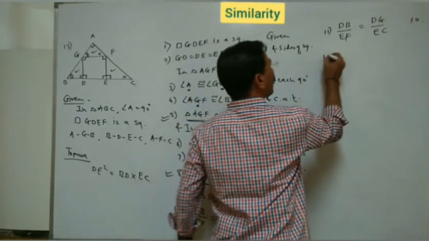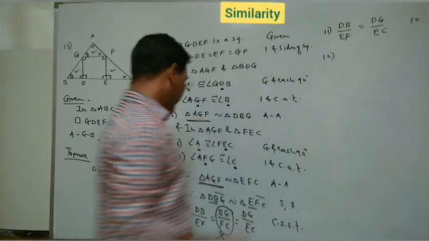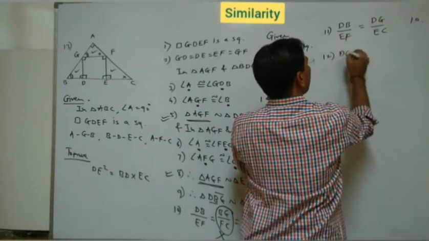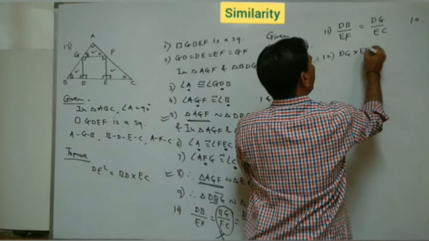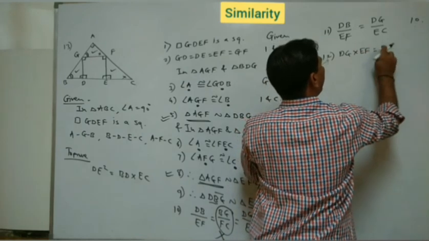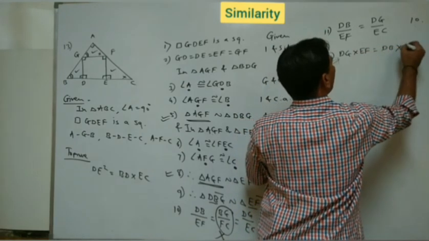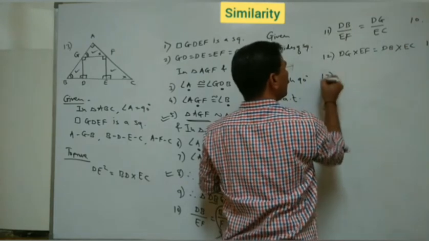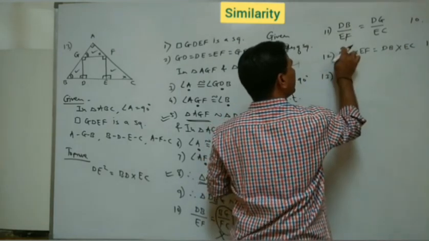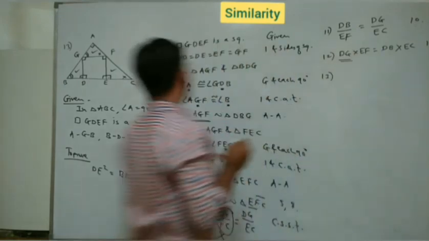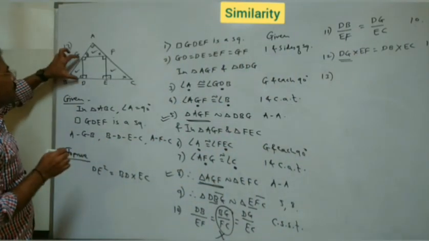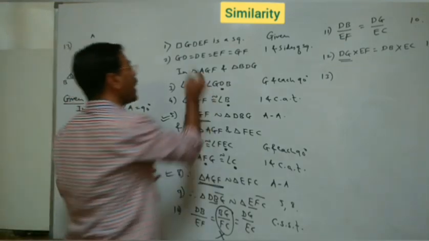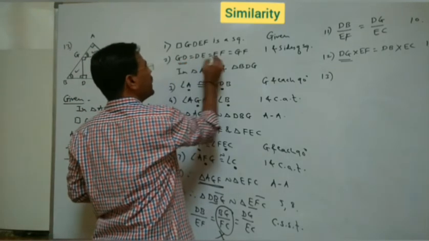Okay. Now go with cross multiplication. We need DB and EC. I'll make this first: DG into EF equals DB into EC. Is it correct? This is from 11. Just look here. What is this DG? Where is DG? This one. And what about here? This one. What are they? They are sides, DG and EF.